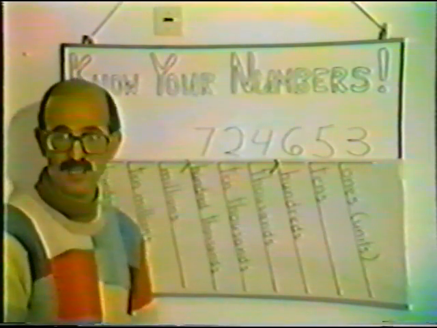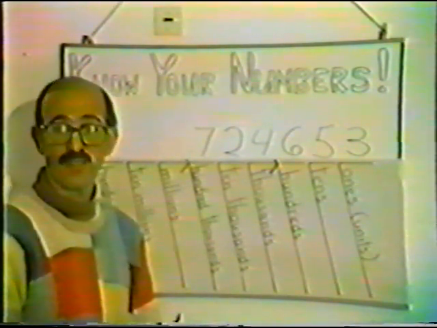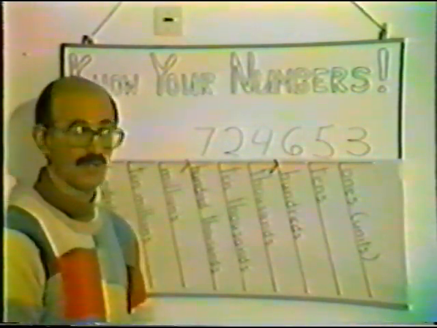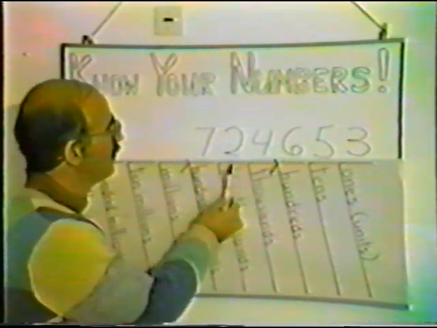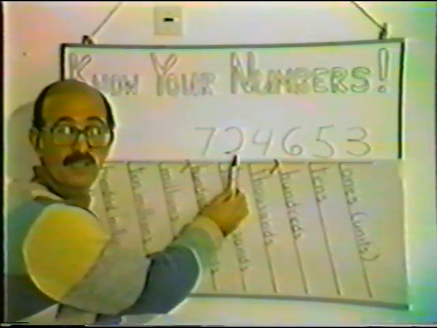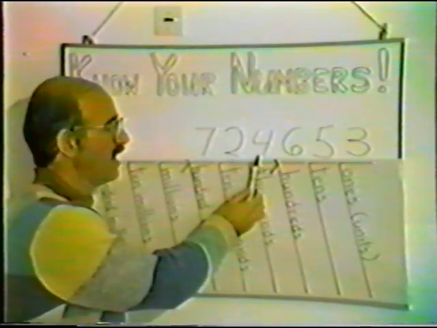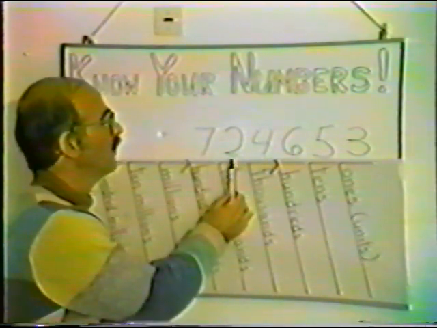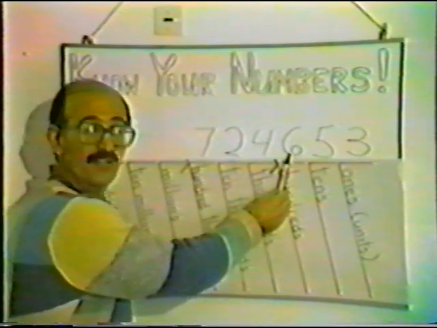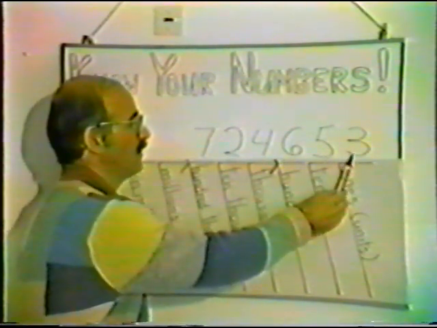Then you say the word thousand, and then you read the rest of the number. So in front of this comma you see 724, and that's what you say. 724,653.